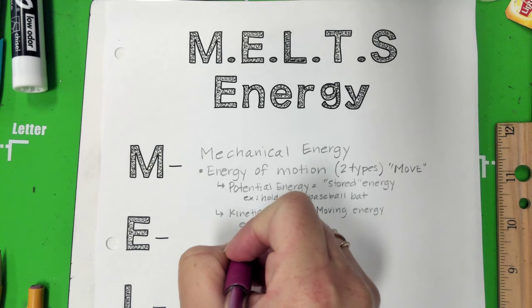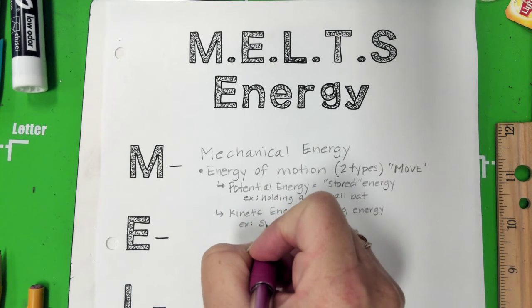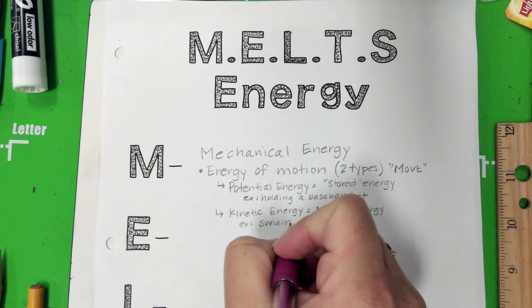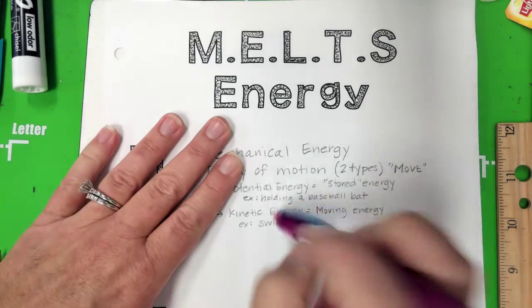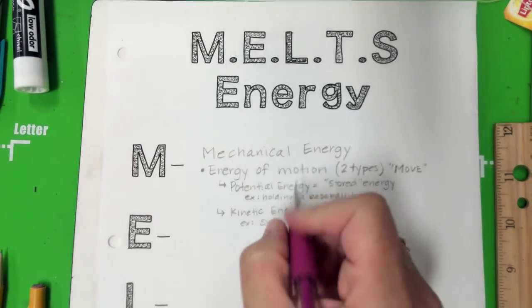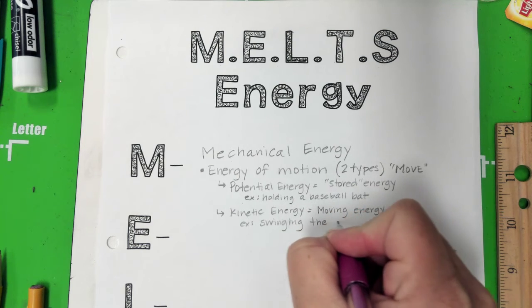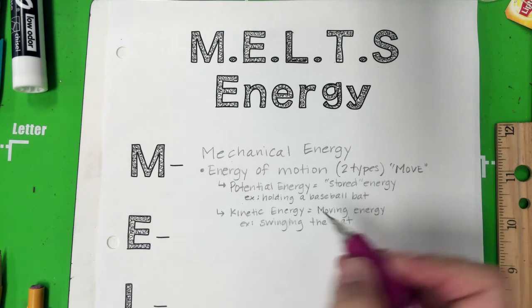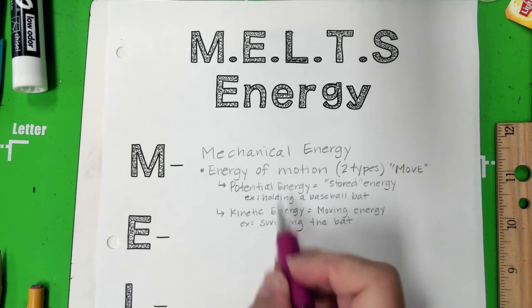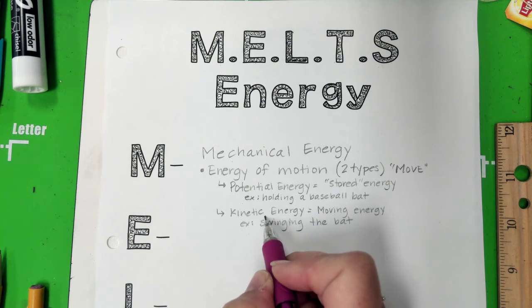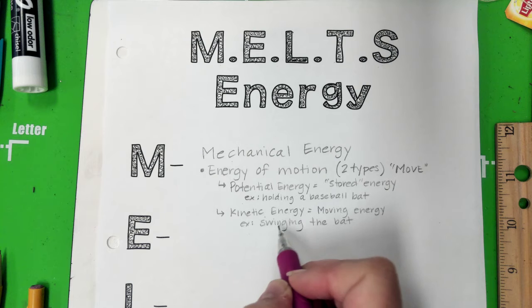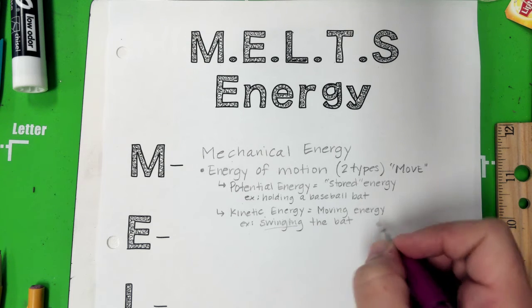So your example would be swinging the bat. So you've got holding it and swinging it. Holding has the potential to move, and swinging is the one that you're truly moving. This is the action.